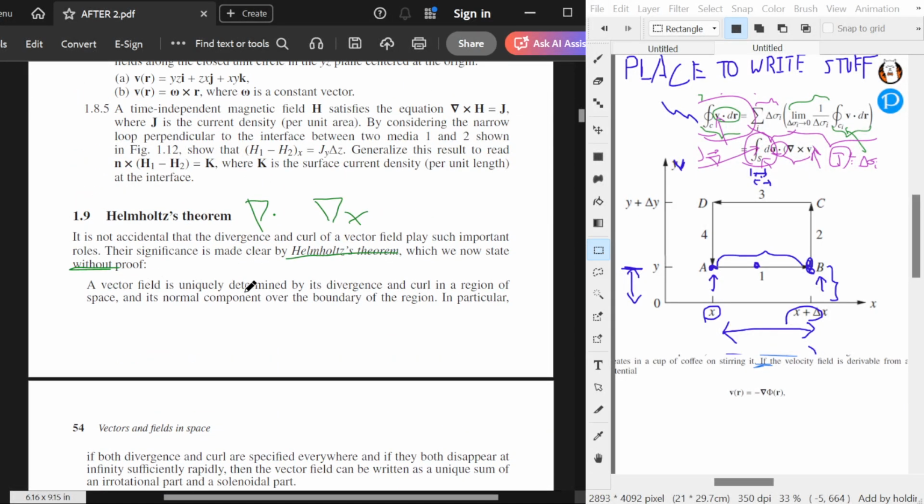A vector field is uniquely determined by its divergence and curl in a region of space, and its normal component over the boundary of the region.